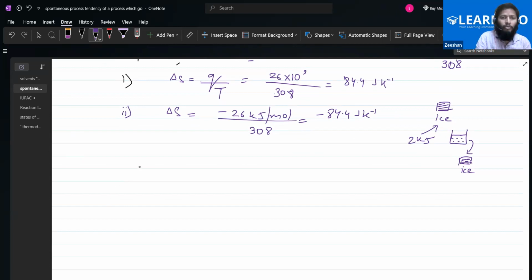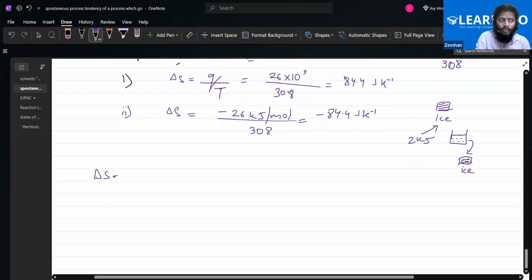One thing I want to let you know: if delta S total is positive in a reaction, then the reaction will go on, and it will be a spontaneous process.